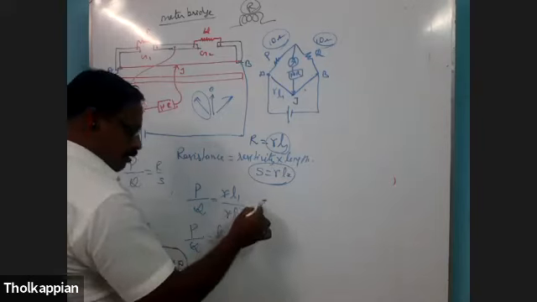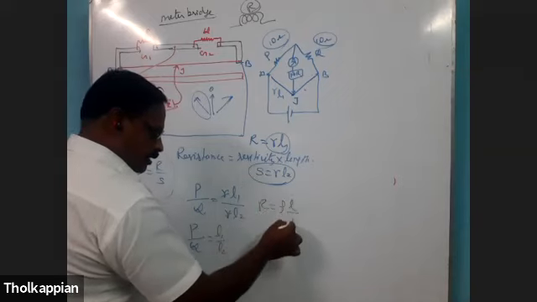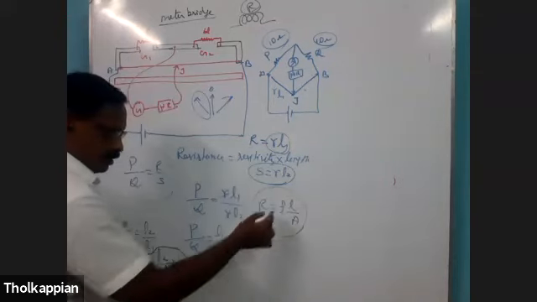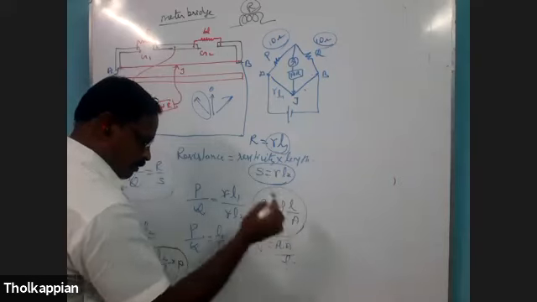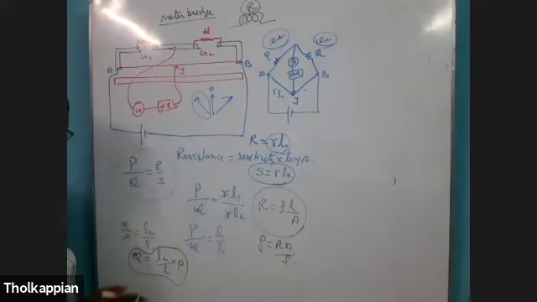What is resistivity? R is equal to rho L by A, so rho is equal to RA by L. One value you found is the resistance value.